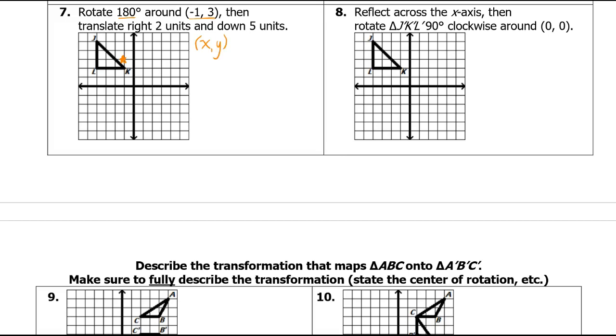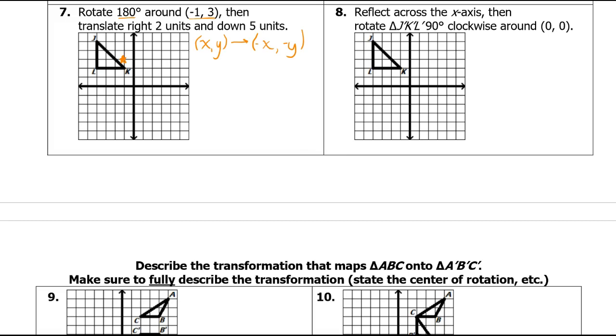If we created a fake origin through that star, so x, y, 180 degree rotation. They don't swap places, but they both change signs. So we could use that, but that's what I just did in number 6. So let's try this one with the arrow trick.